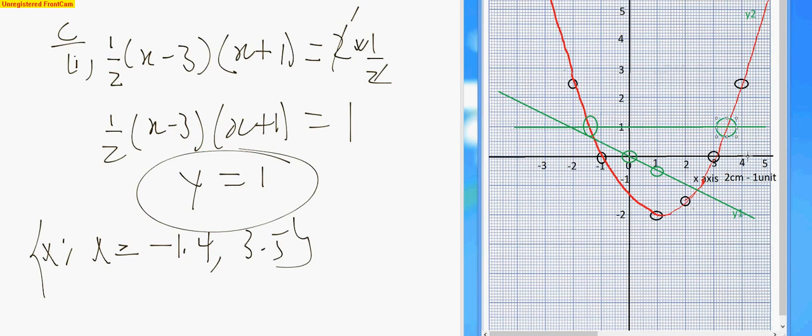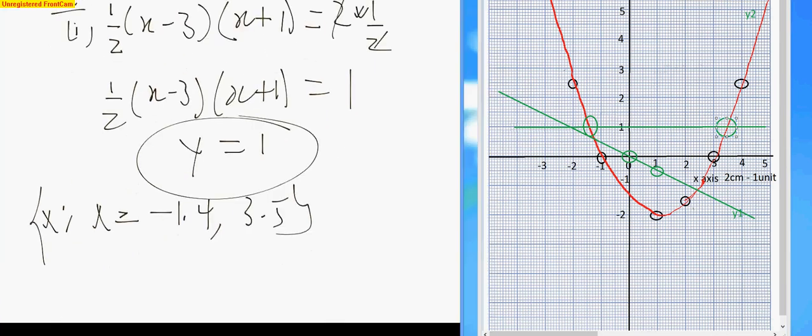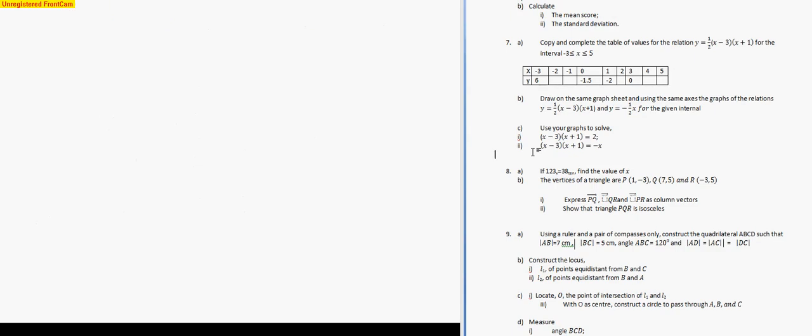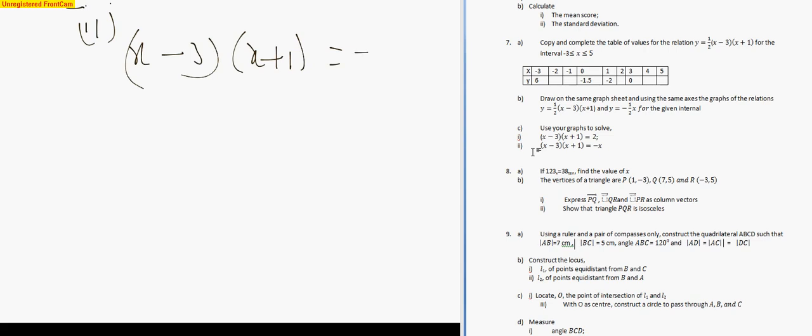Now let's take a look at the other part, the C II. They want us to find x minus 3 x plus 1 is equal to negative x.